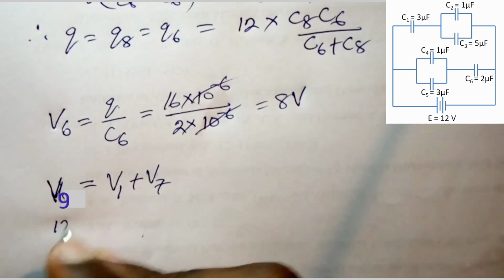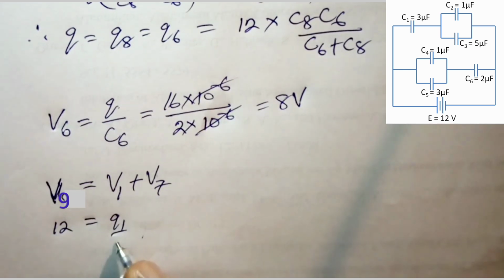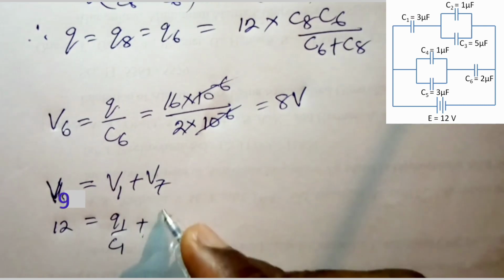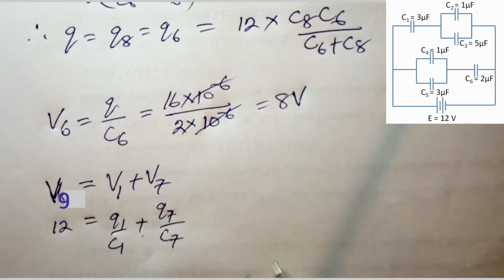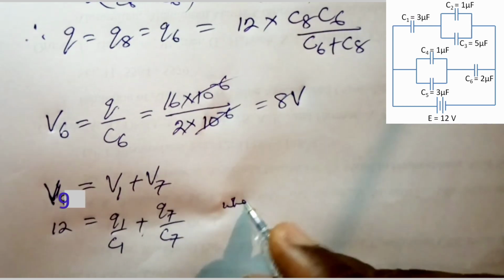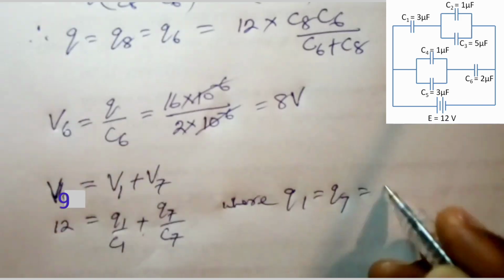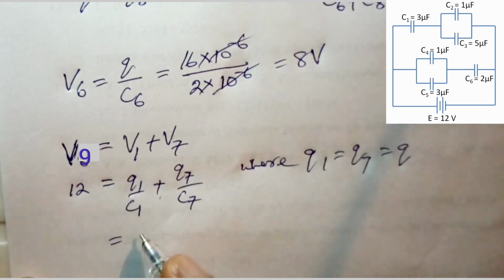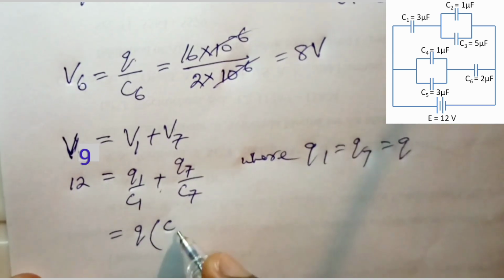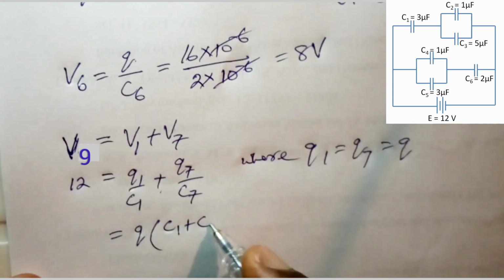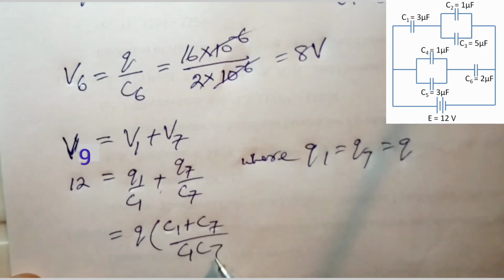So 12 is equal to Q1 over C1 plus Q7 over C7, where Q1 is equal to Q7 is equal to Q. So if we do the same thing, we will have Q into C1 plus C7 over the product C1 C7.